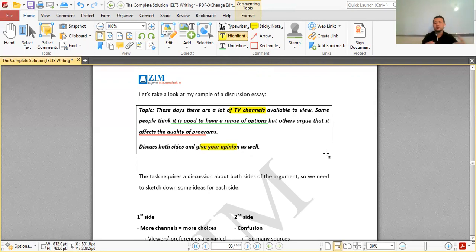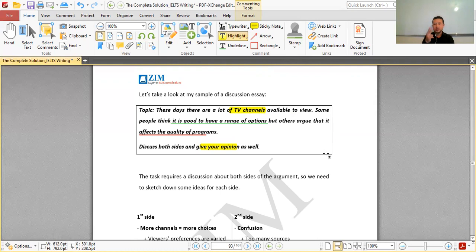So it is a discussion opinion essay, guys. Throughout the essay, you have to find the core, the basic idea, the controlling idea. Throughout the essay you have to discuss the topic, the issue. For example, you have to discuss TV channels, okay?